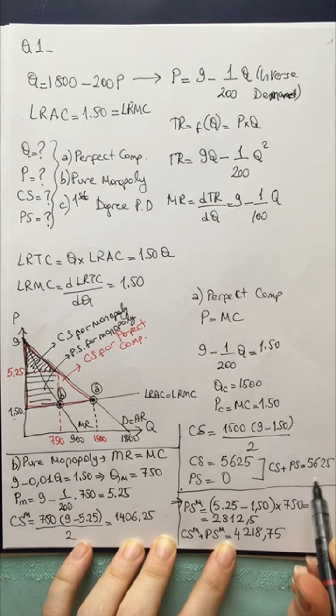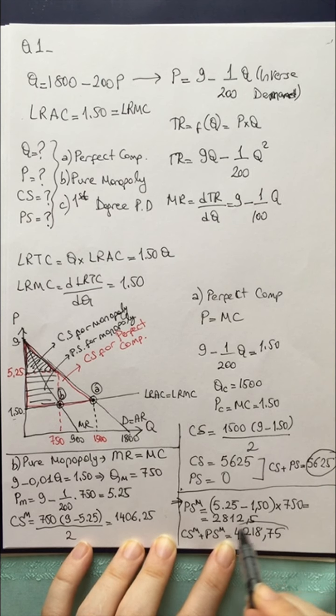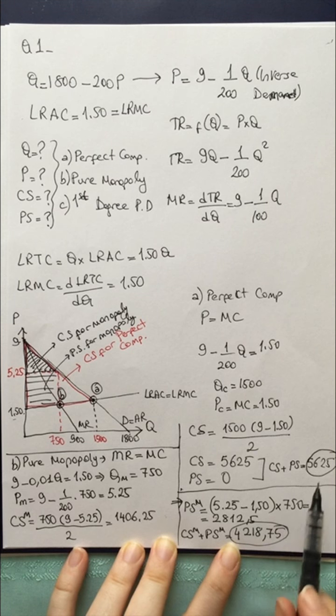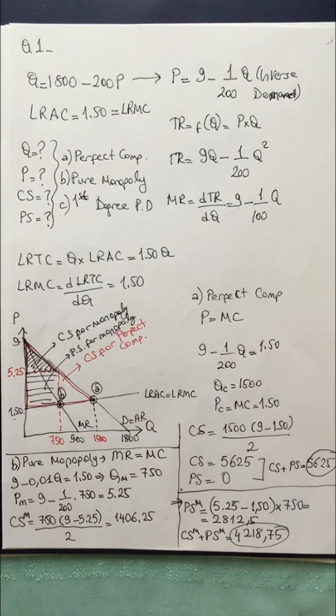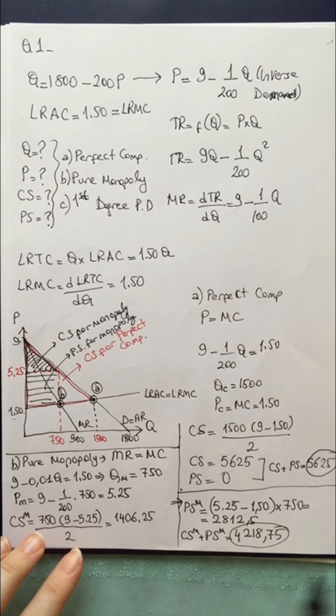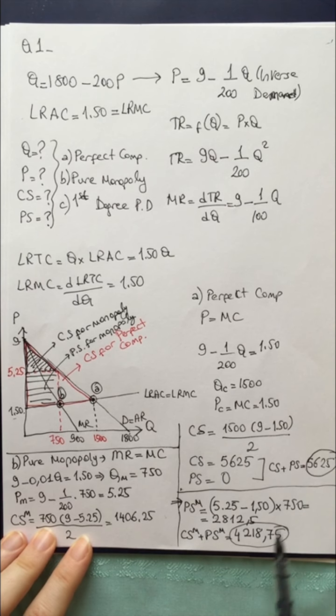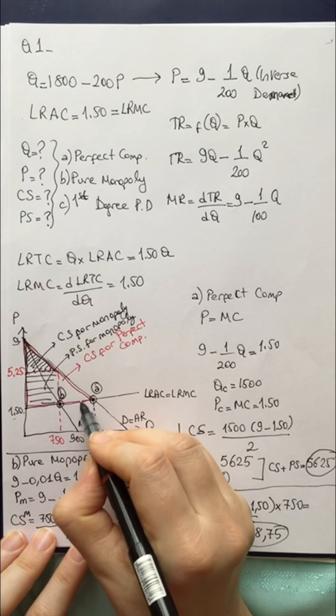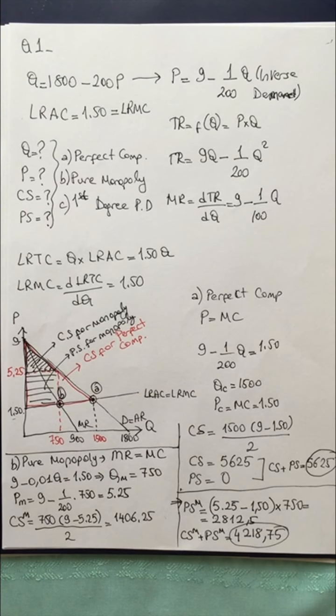Please compare this to the sum of consumer and producer surplus in the perfectly competitive market. The difference between these two is the deadweight loss, so that part will be the deadweight loss because of the monopolistic behavior.